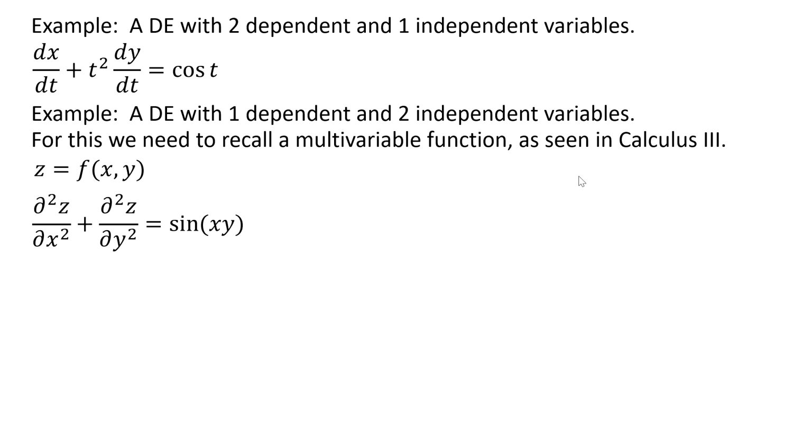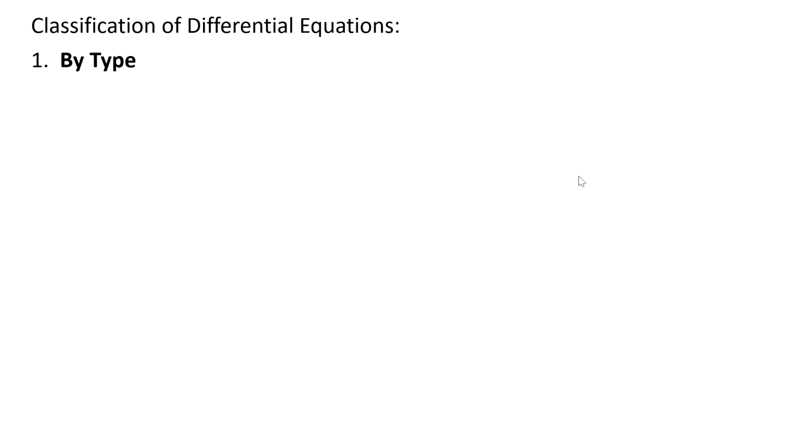Okay, second partial z with respect to x plus second partial z with respect to y equals sine of xy. That's a differential equation with one dependent and two independent variables. Okay, classification of differential equations.